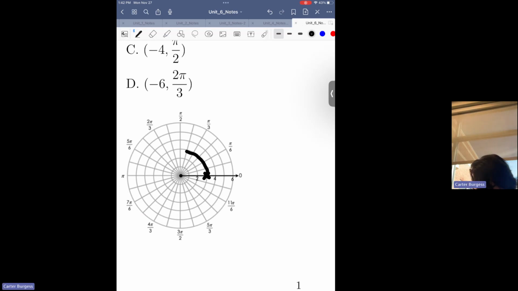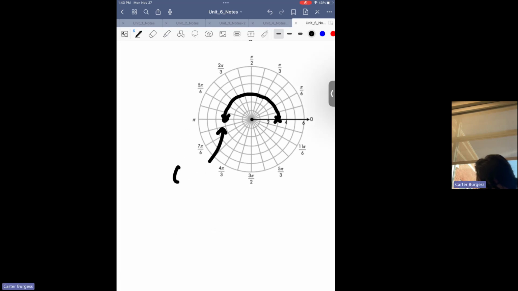Rotating counterclockwise by pi. So we stop here. What's this point in terms of x and y? What's the x coordinate of this point? -3. And the y coordinate? Yeah, just 0. So that one's pretty easy to just kind of graph and then approach.